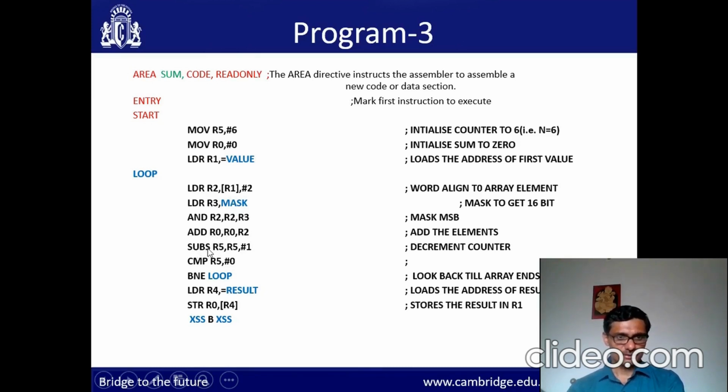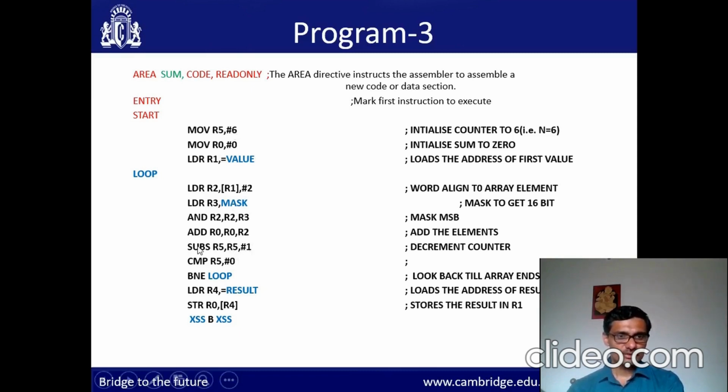Here, the SUBS instruction: what does it do? You have an S suffix here. Optionally, we are setting the conditional flags. So the SUBS instruction will modify the contents of the flags. What I am doing here is subtracting 1 from R5. That is basically decrementing the counter. It is initially 6.